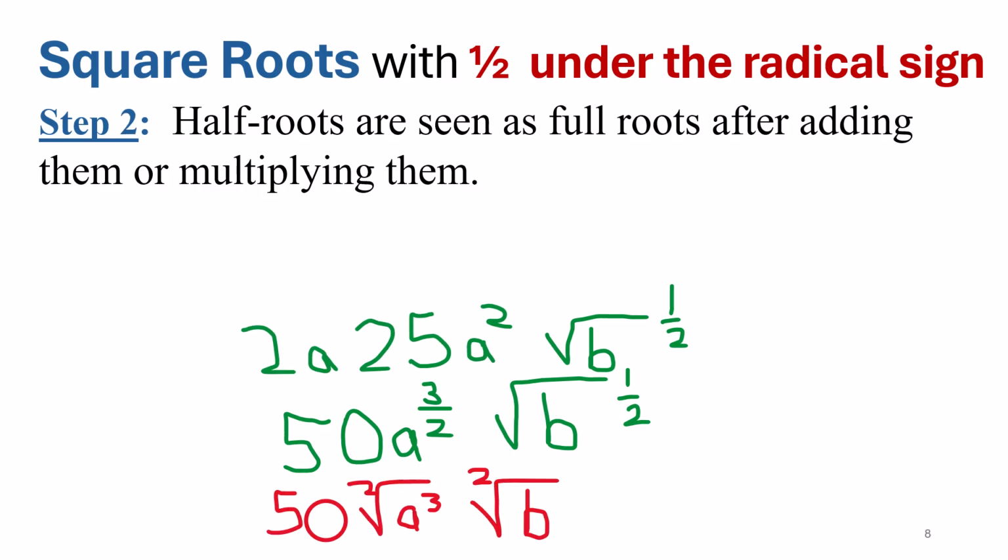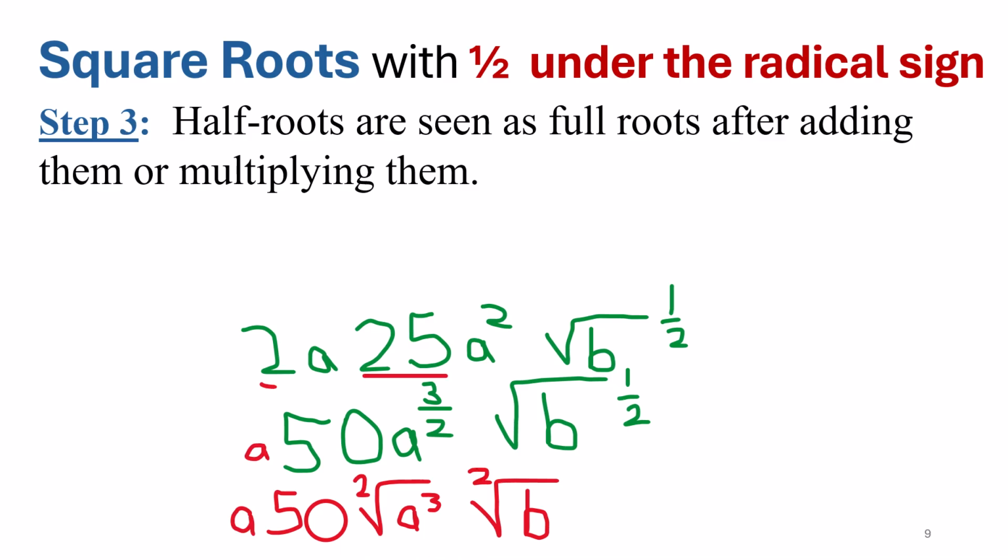So what ends up happening is you have 50 square root a to the third, square root of b. This was the one that was over here as a half. So this 2 doesn't need to be there. This 2 doesn't need to be here. Guess what happens? A times a times a. You already had an a over here. They come out from under here, and this one stays under the square root. And this square root of b stays over here.